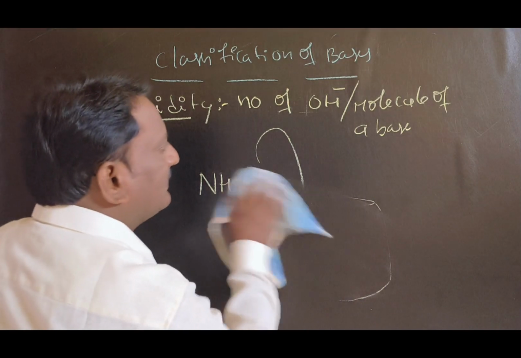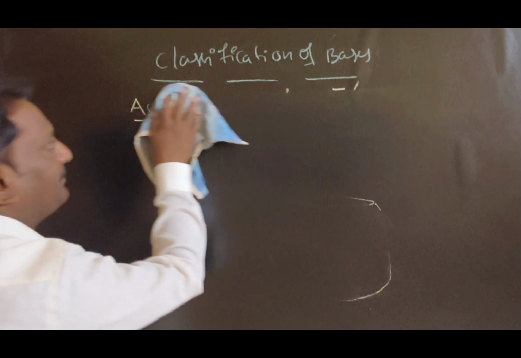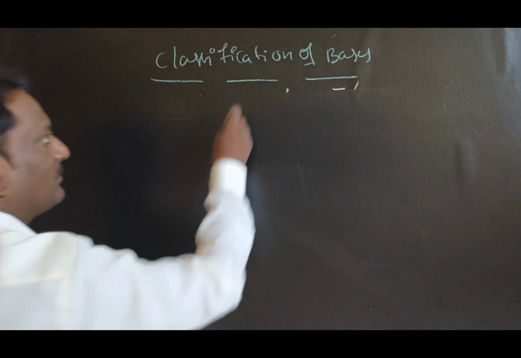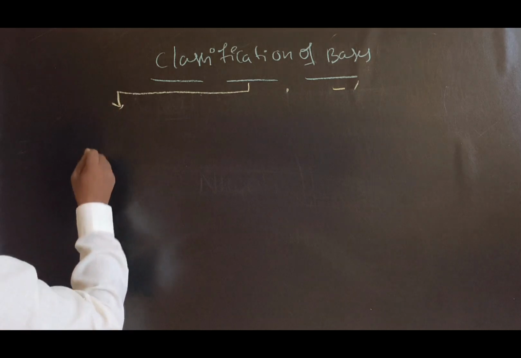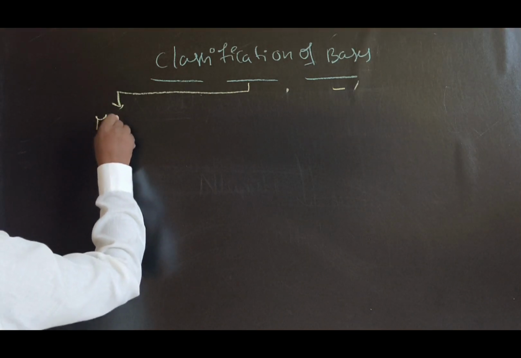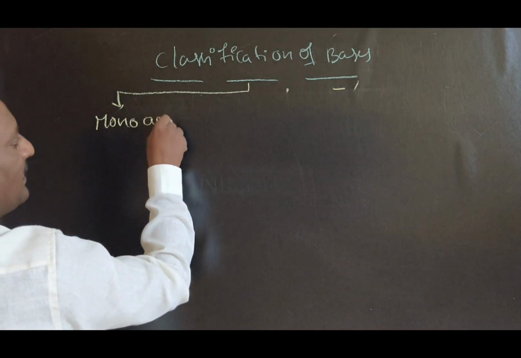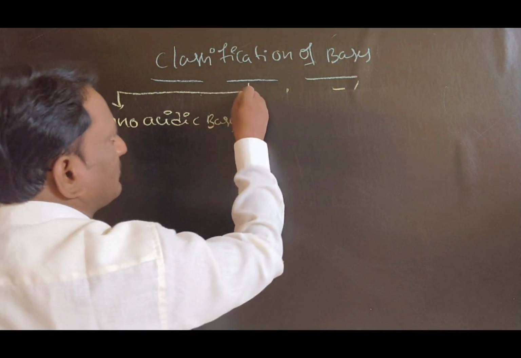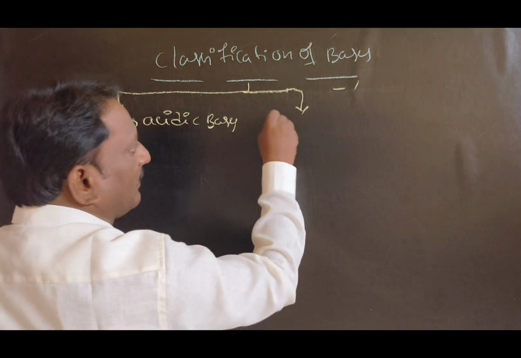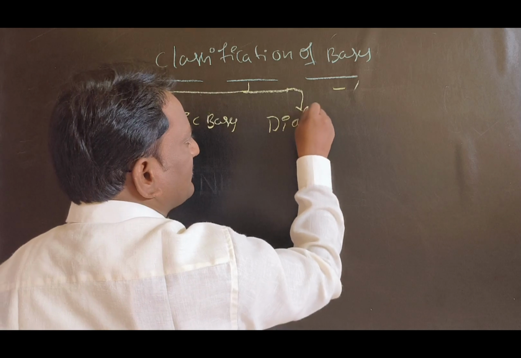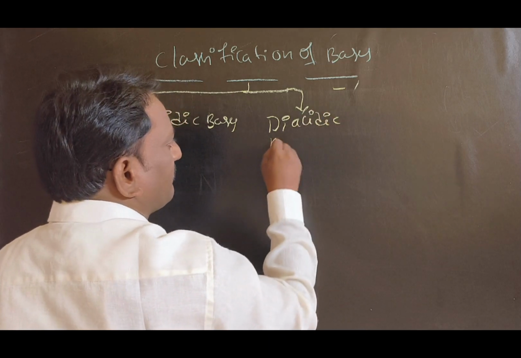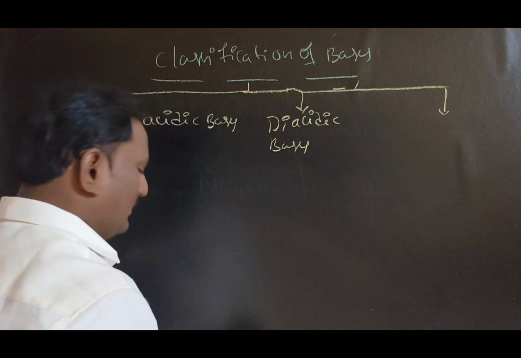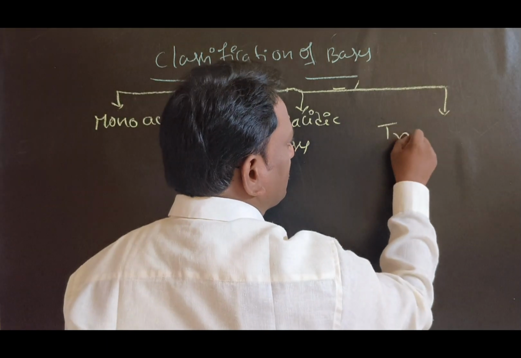Based on acidity, bases are classified into three types: monoacidic bases, diacidic bases, and triacidic bases.